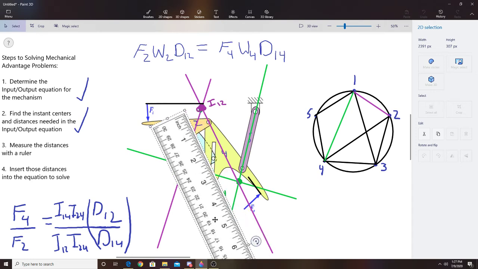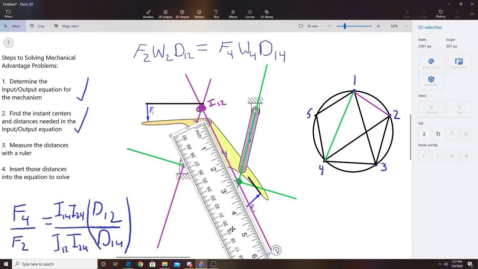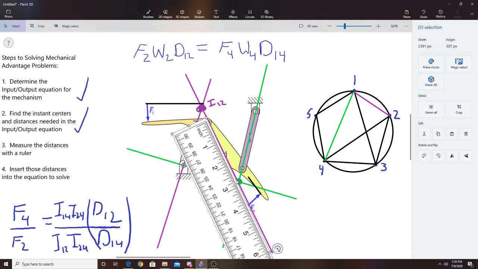From this point right here to here. So it looks like we are at 1, 2, so 3 would be here. Let's just call it 2.75, so I14, I24 equals 2.75.